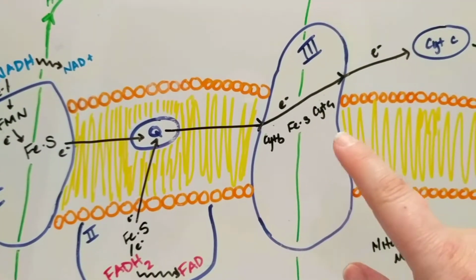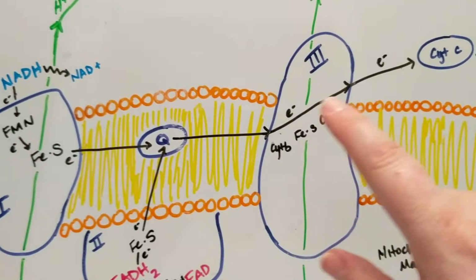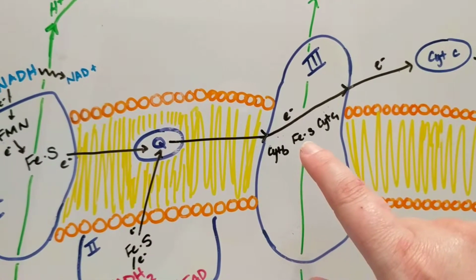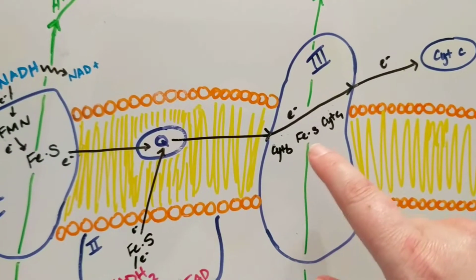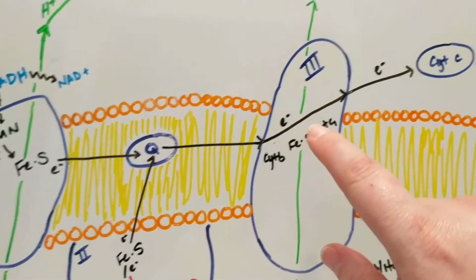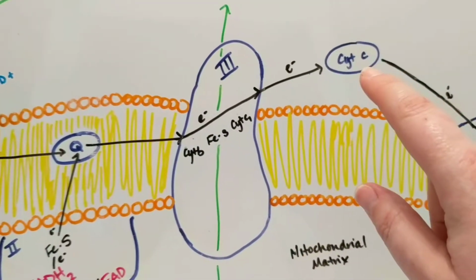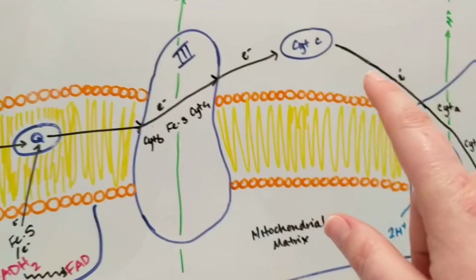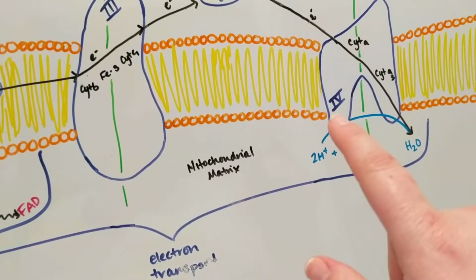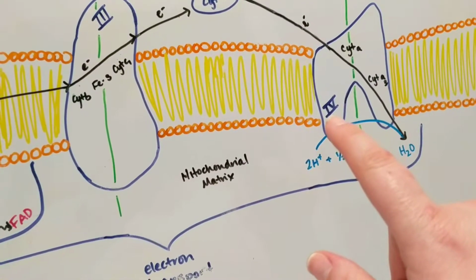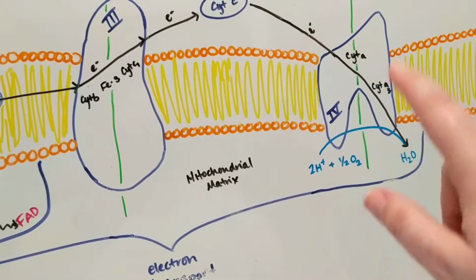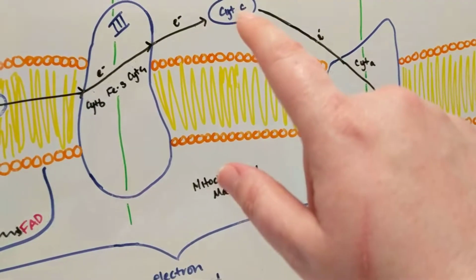They travel through the third multi-protein complex, the site B. This is an iron sulfur protein, site C1. So it travels again into site C. It's continuing to travel into the fourth and final stage of the electron transport chain. This is the last multi-protein complex it will travel through.